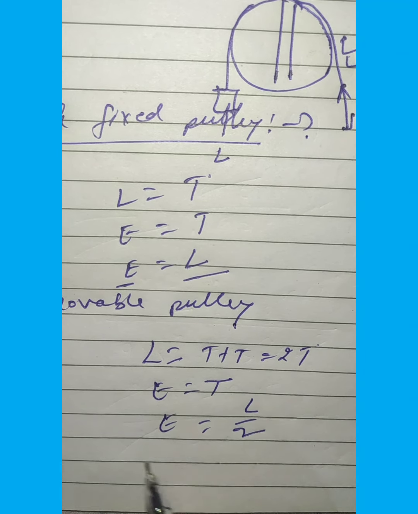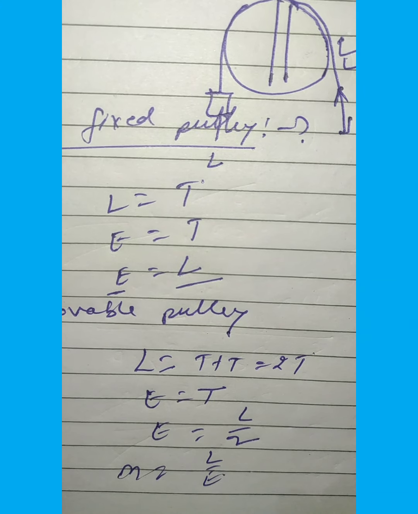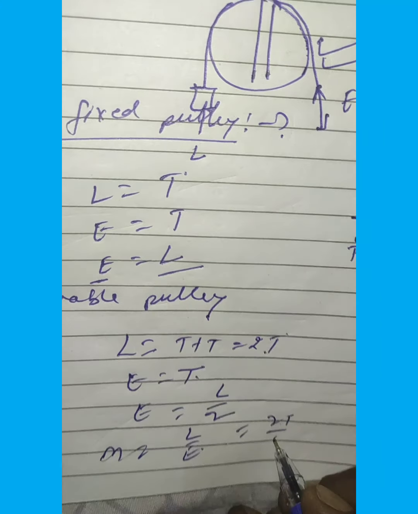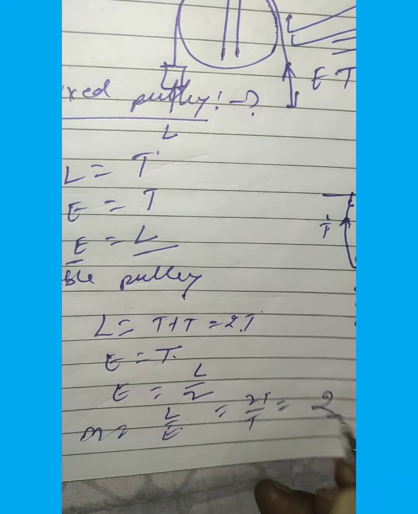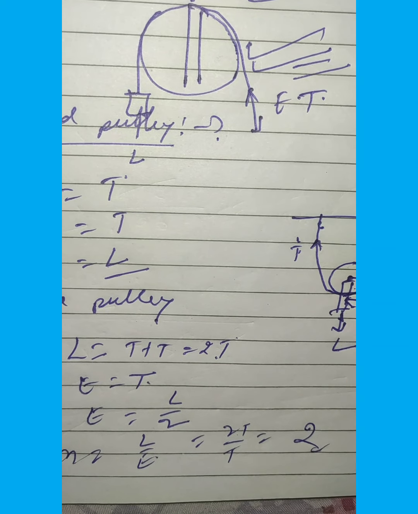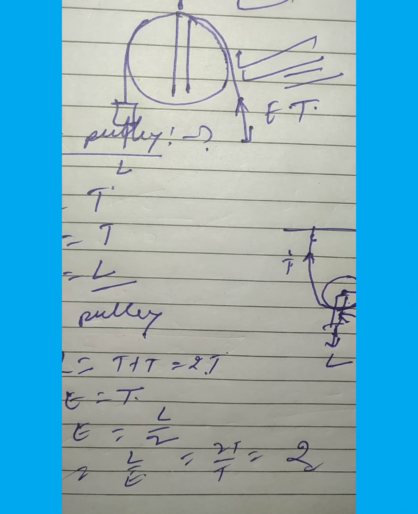Its mechanical advantage is equal to load over effort. Here load is 2T while effort is T, so 2T over T is equal to 2. When the free end of the string is pulled up by the effort through a distance d, the load is raised up through a distance d/2.